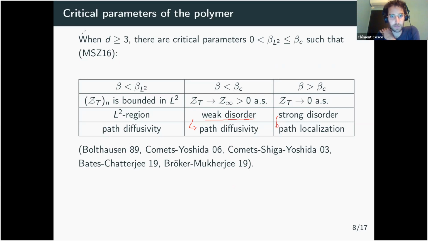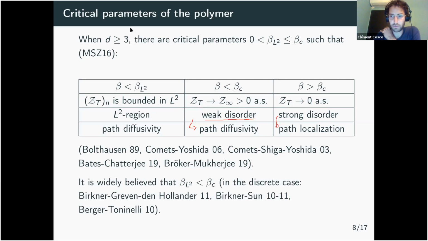This has been studied a lot in the discrete case, and most of the results apply without much change to the continuous case. It has been shown, for example, in discrete that beta c is strictly less than beta 2, which is strictly less than beta c. And we believe that the same kind of techniques will show the same for our model, which is now in continuous time and space.